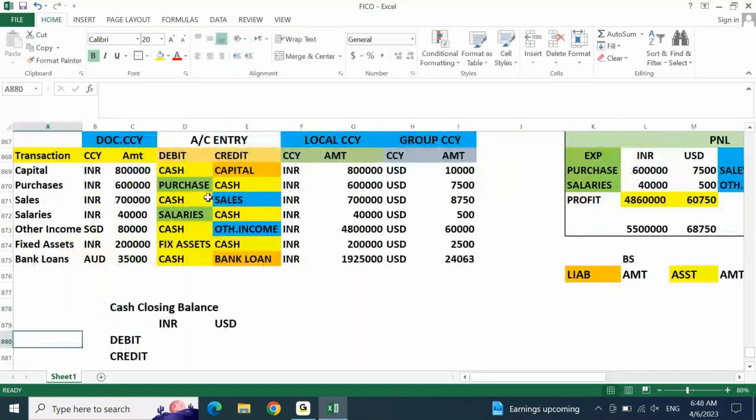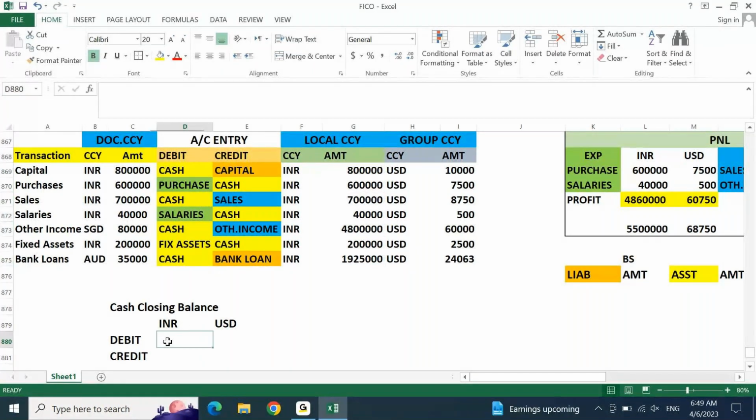For that, I need INR debit side cash accounts. Cash account is there on the debit side here. I'm selecting INR. Here is second cash, debit side, third time on the debit side, fourth time on the debit side. Correct? So in short, I will do a formula.